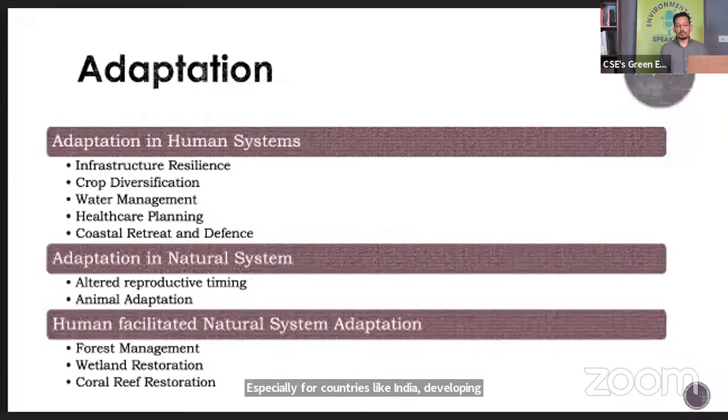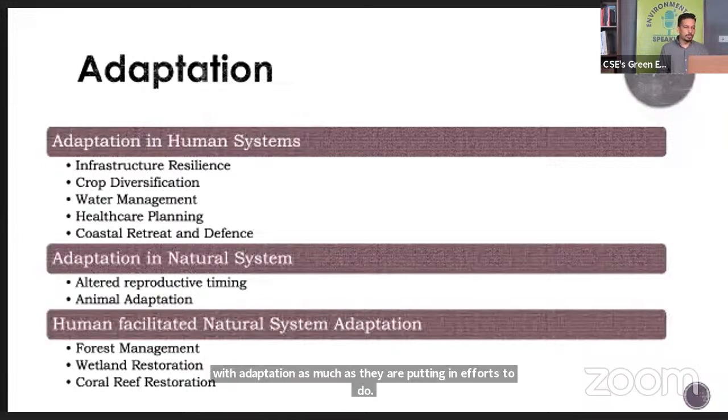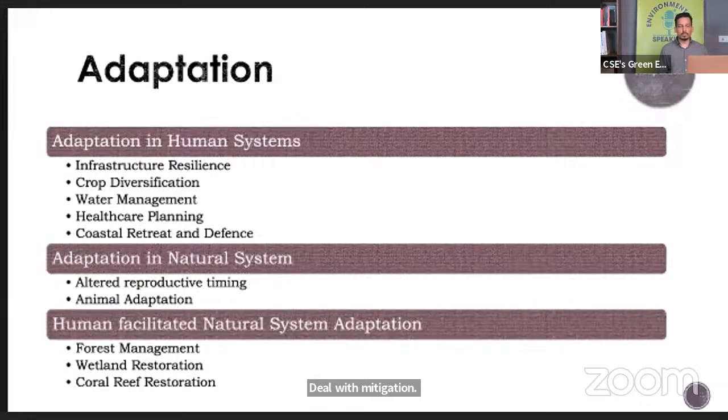Consider countries that contribute less to climate change. They have little avenues to follow mitigation, but they may be equally or more vulnerable than other countries. This demands that they put efforts into dealing with adaptation as much as they are putting in efforts to deal with mitigation.